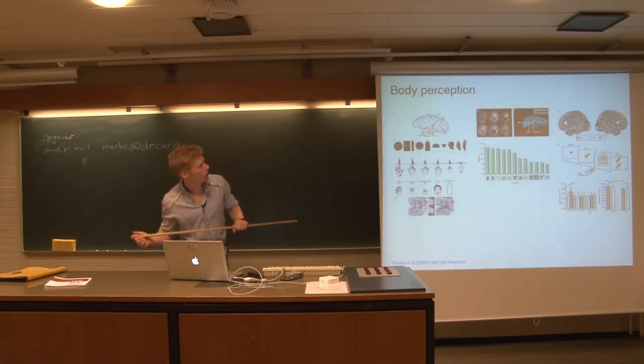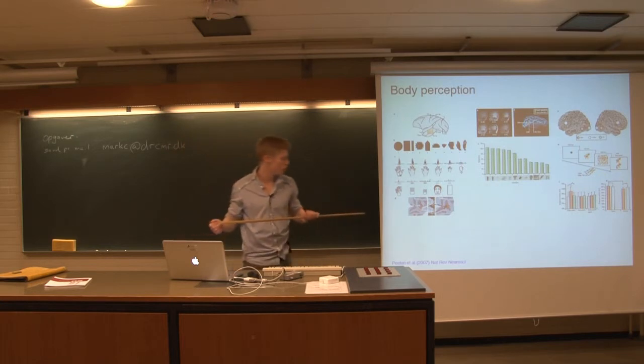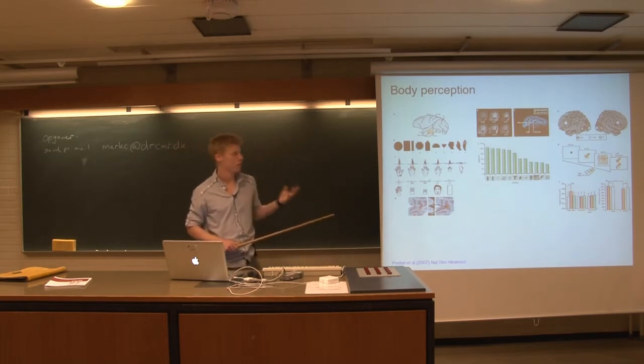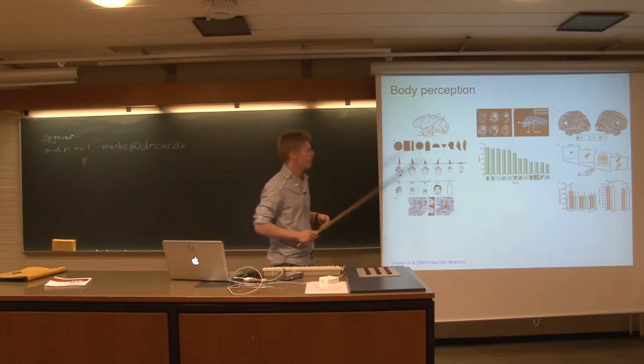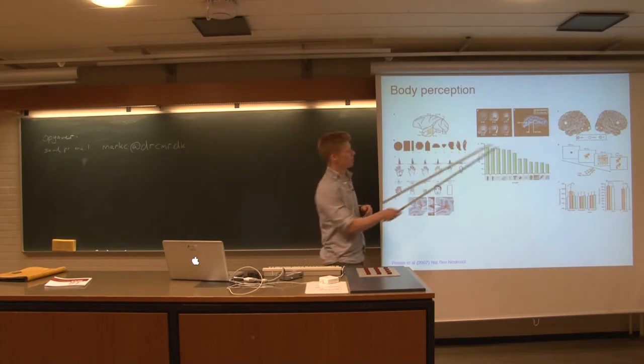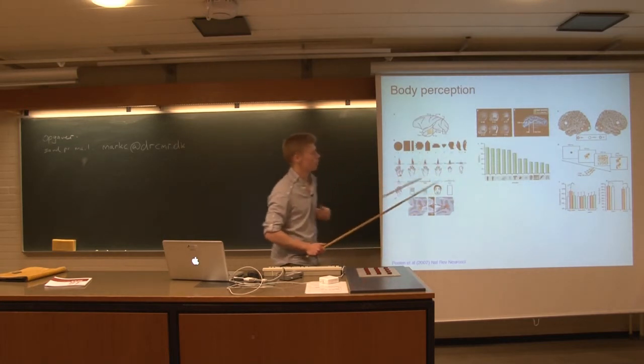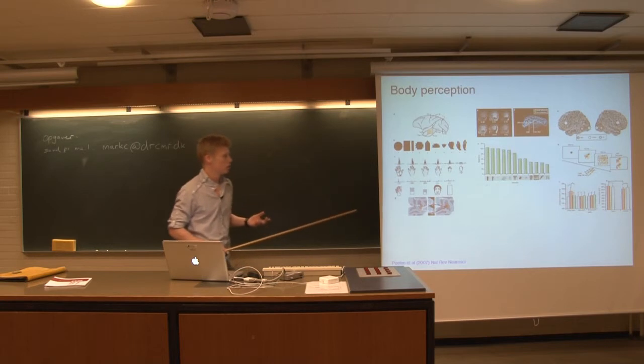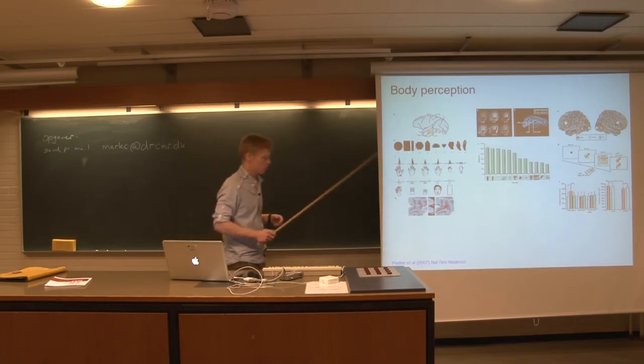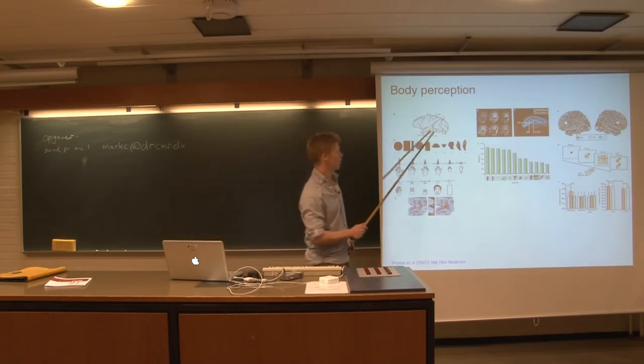Another feature of the brain, which is probably not surprising, is that there are certain areas of the brain that are responsible for recognizing bodies and body parts. One of them is called the extrastriate body area.